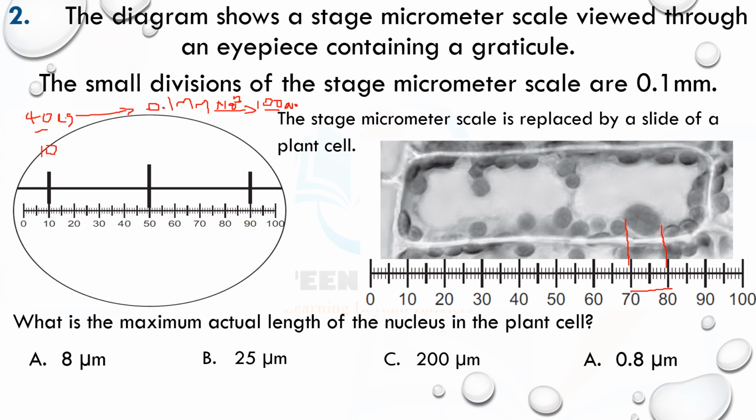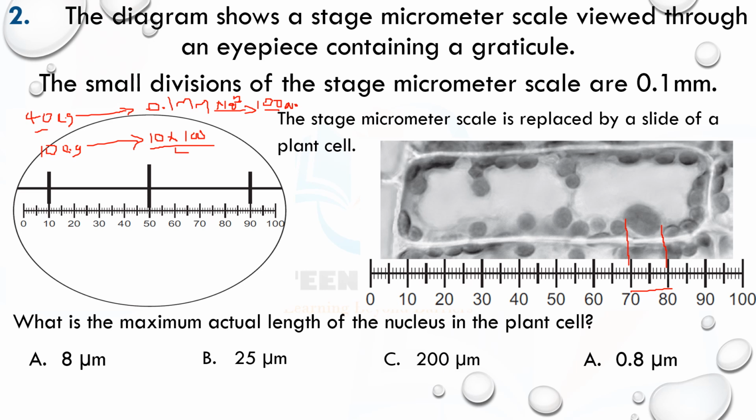10 eyepiece graticule divisions, what will it give me? Help me solve it. So that will be equal to 10 times 100 all over 40.